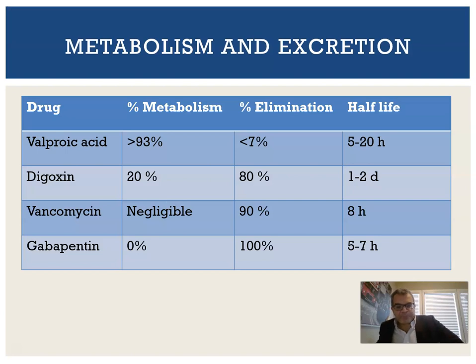And the half-life of vancomycin is 8 hours. What does this mean? It needs 3 to 5 half-lives to reach a steady state, in a patient with normal kidney function. So 8 hours multiplied by 3 means it needs at least 24 hours of dosing to reach a steady state.